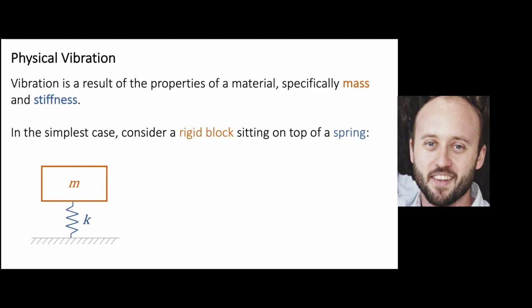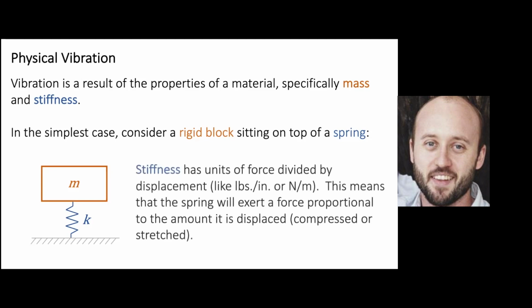And this mass is allowed to oscillate just up and down, so it can bounce up and down on the spring. Really simple system. The stiffness of the spring itself has units of force per displacement.